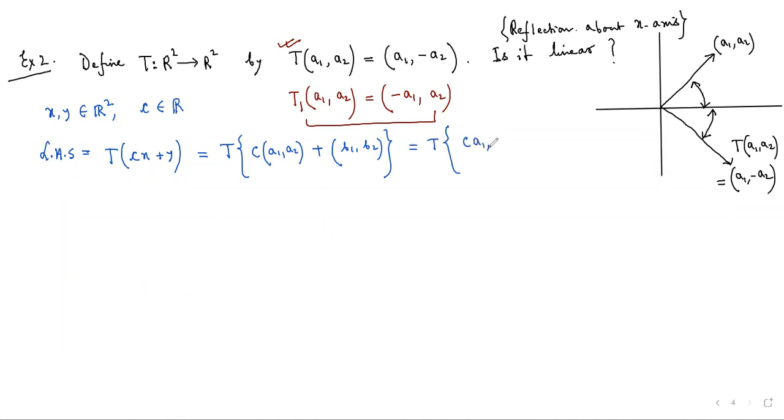It is (CA1, CA2) and this is (B1, B2), and then you proceed and try to show whether the right hand side is coming or not, that is, C into Tx plus Ty, and so on. This you can try to do by yourself, and let's meet in the next session.